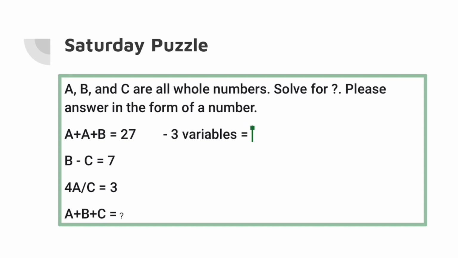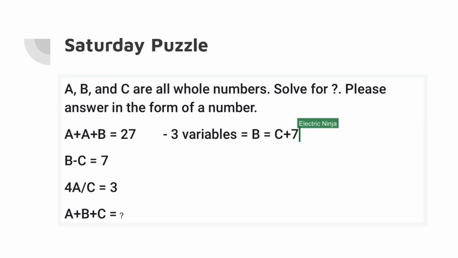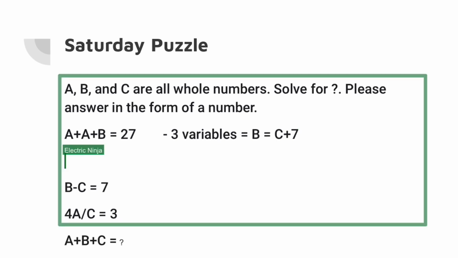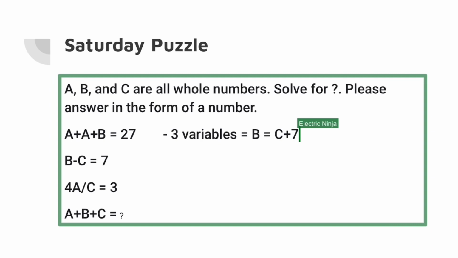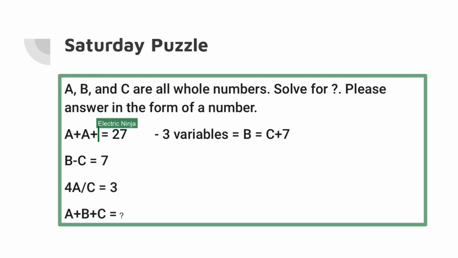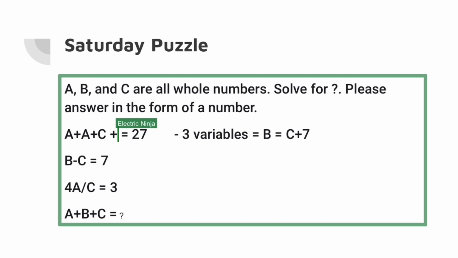First thing we want to do is recognize that B is equal to C plus 7. That is using the second equation. So if we take C from here to this side, it should be B equals 7 plus C. What we can see from this is that in the first equation, we can substitute this B for just a C and then a 7.